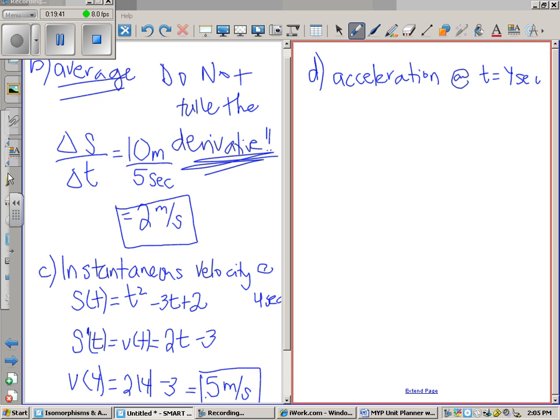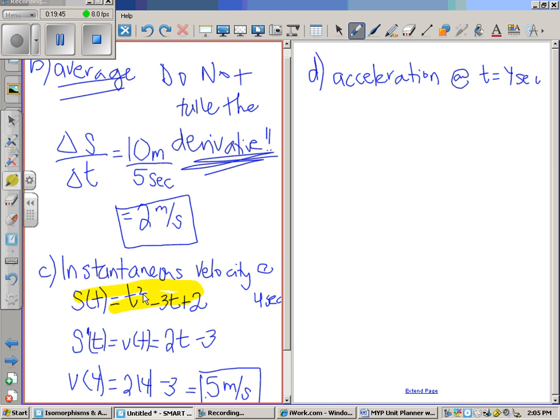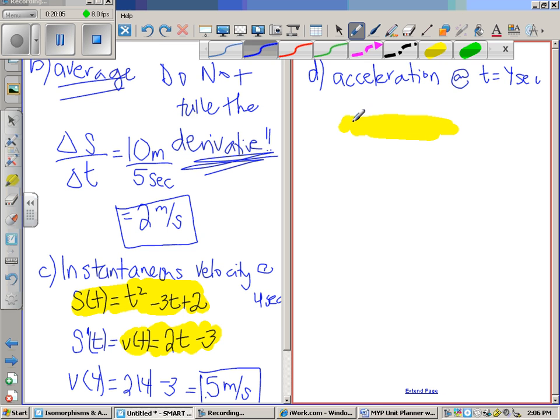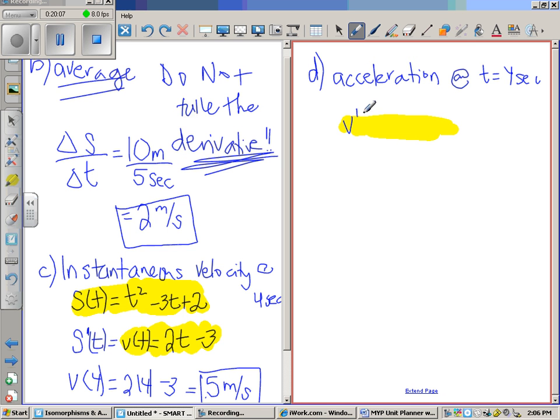Well, let's take a look. This here is position, or displacement, or distance, however you want to consider it. This here is velocity, and they are related by taking the derivative. The last thing is the derivative of the velocity graph.